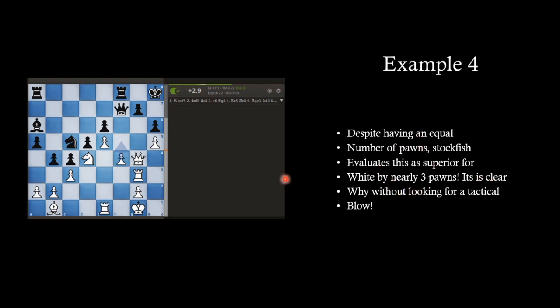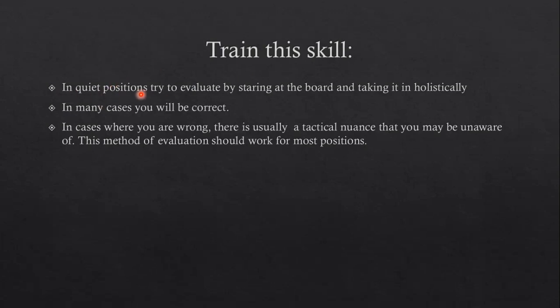It is clear why. Without looking at any tactical blows, without looking at any specific moves, we can just look at this statically. Right, if we wanted to go into a deeper dive into the position, we can look at the elements which I introduced in the course. How to train a skill, right, in quiet positions: try to evaluate the position by staring at the board and taking it in holistically, right? Then you just turn on Stockfish, or you turn on your local engine and see how the engine evaluates the position.